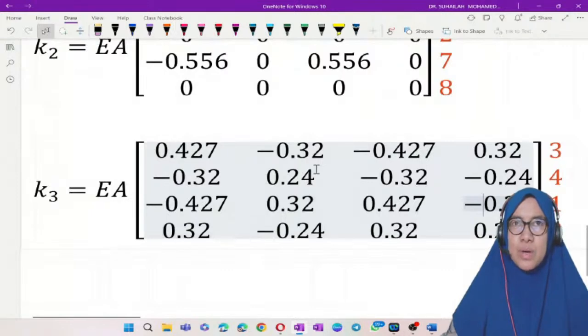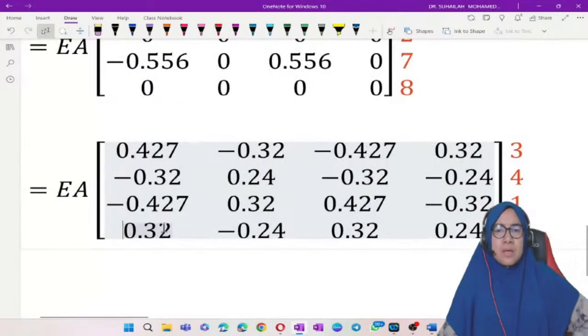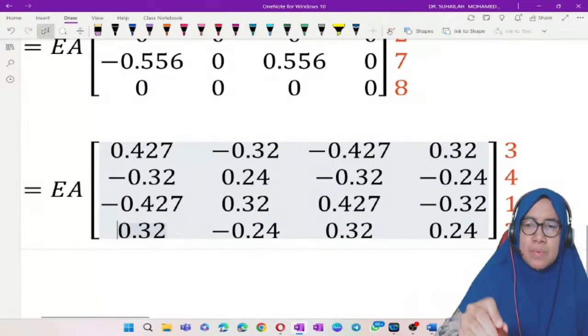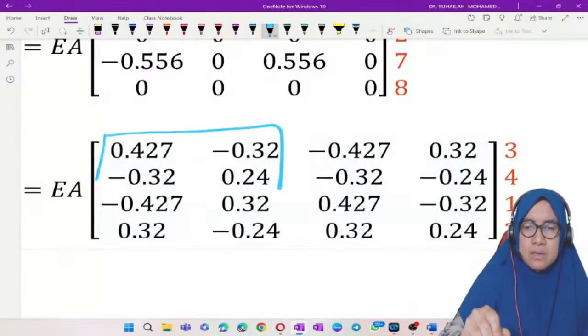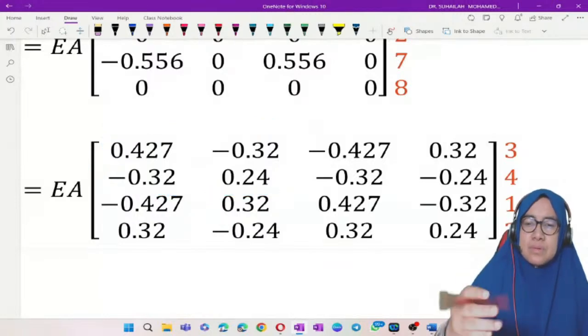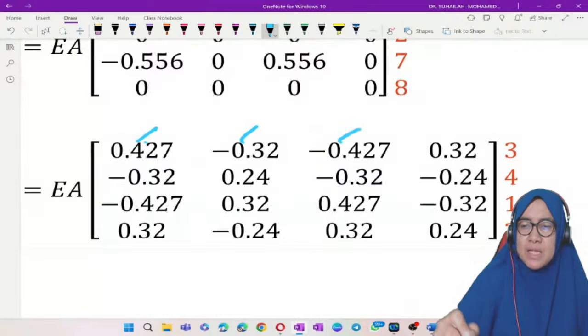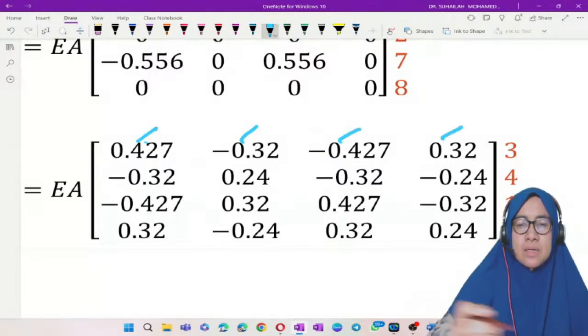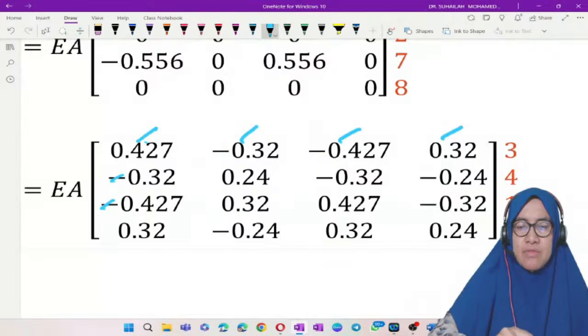Cx Cy square gives 0.24, 0.24, 0.32, 0.32. Please check: these 4 values must equal these 4 values.